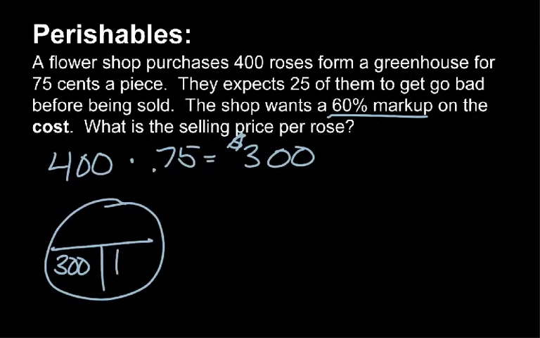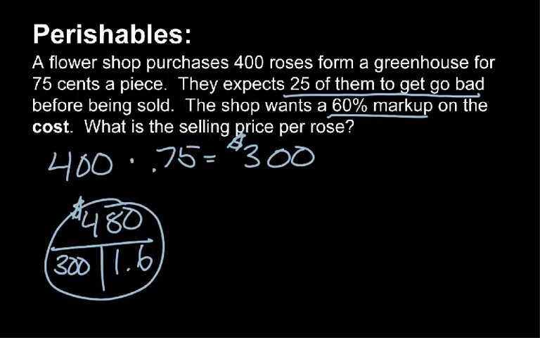We're going to do 100% plus that markup, or 1.6, to end up with $480 as their desired selling price. Again, they don't think all of those roses are going to sell. They think 25 of them are going to go bad.